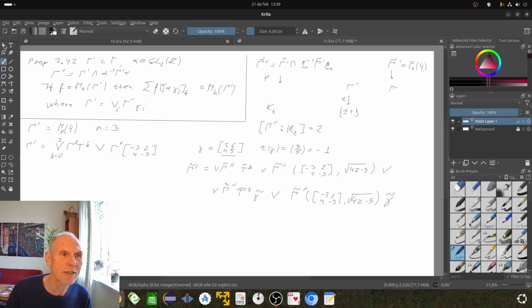So the index of this is 8 in this group. Now we know that operating from the right with gamma permutes the right side classes, and since they all have the opposite sign, did we check that?